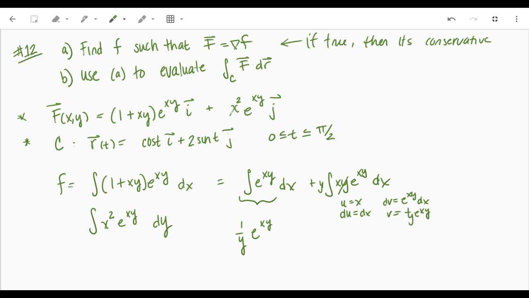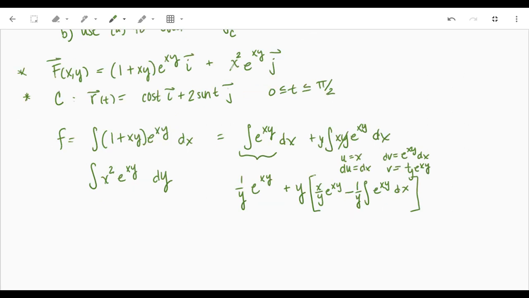Then we're going to have y times uv, so x over y e to the xy, minus the integral of v, again taking that y out front, du. And again, there's that integral, the third time that we're doing it in this problem.